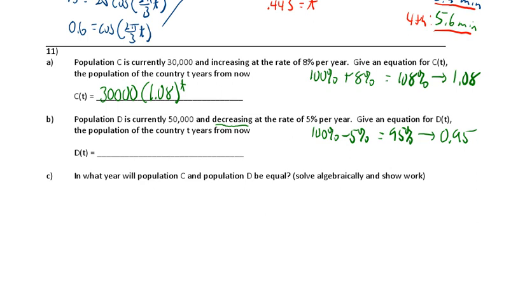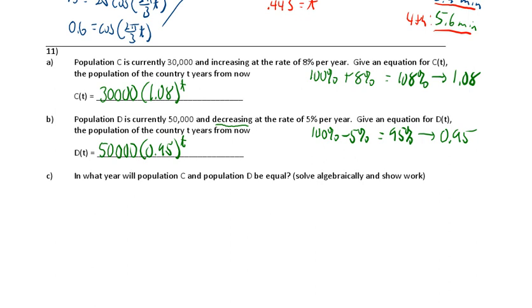And population D of t is 50,000 times 0.95 to the t power. So right now, population D is higher, but it's decreasing. Population C is lower, but it's increasing. So we can bet that sometime in the future, they will be equal, as long as these trends continue.